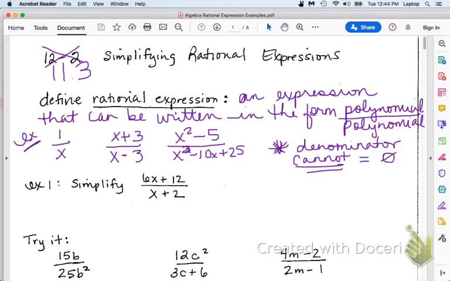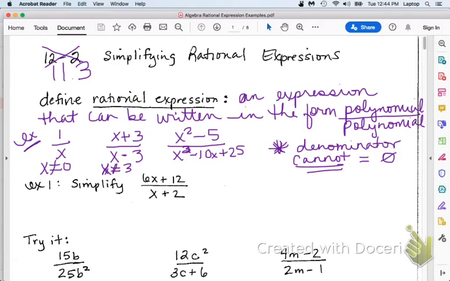So if we look at the first one we could say, well, x cannot be equal to 0, right? That's an excluded value. For the second one, we could say that x could not be equal to 3 because 3 minus 3 is 0. And then what we're going to be doing with our trinomials is factoring them.